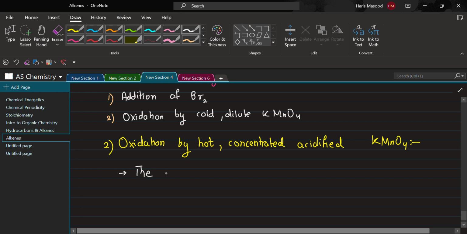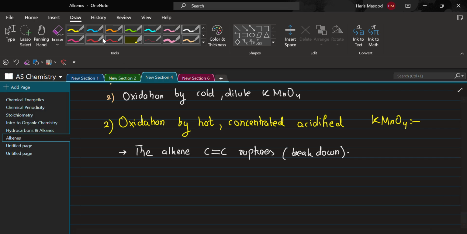The alkene carbon double bond ruptures, which means it breaks down. So what will be the products? Basically you are adding oxygen now. So oxidation will add oxygens to the alkene.